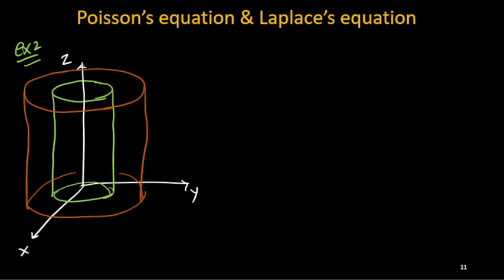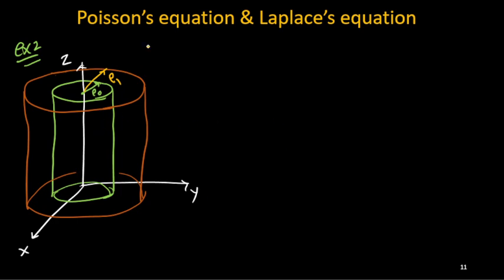These two cylinders have radii measured from the z axis: one is rho 0, and the other radius we are considering is rho 1.